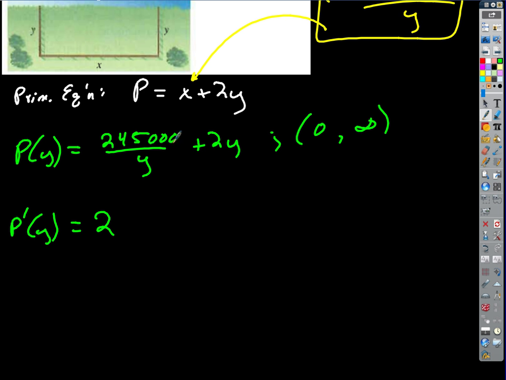If I differentiate that, I'm going to get minus 245,000 y to the -1. The derivative would be y to the -2, but I'm going to bring the -1 down front with this. You're right, so 245,000 y to the -2, exactly. So then that's going to put the y squared on the bottom, right?